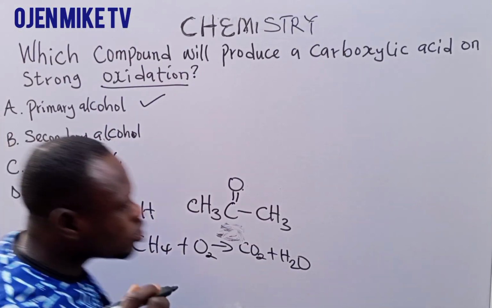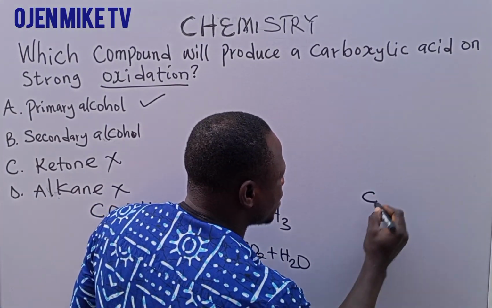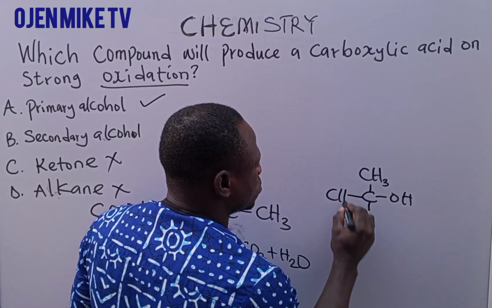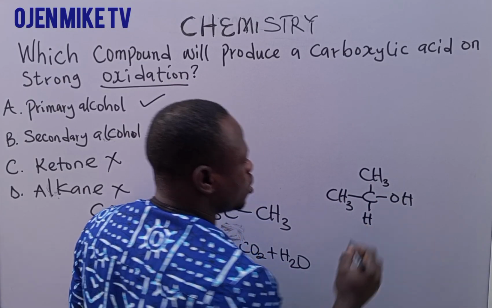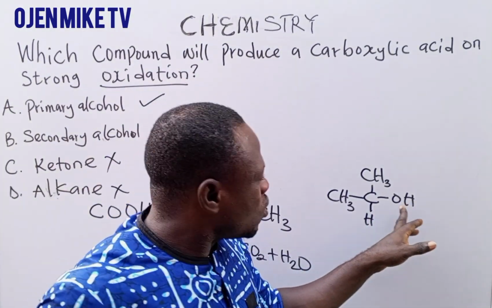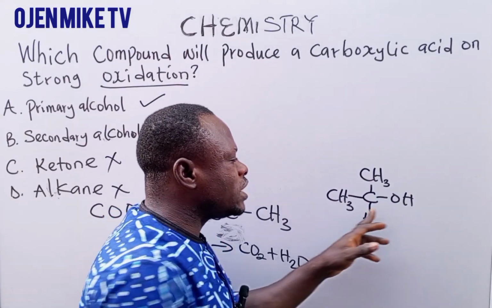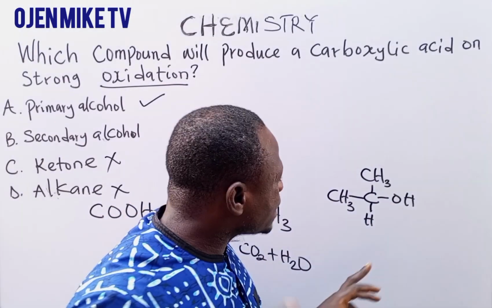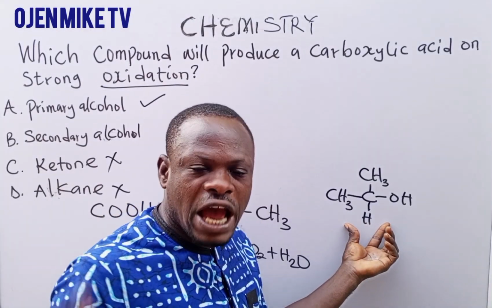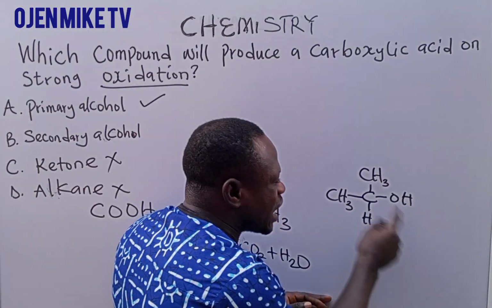Now let's look at secondary alkanol. What do you understand by secondary alkanol? It is written as, for example, 2-propanol. Look at the carbon atom holding this OH group: it is attached to two alkyl groups. This is what we call a secondary alkanol. Look at the hydrogen here. This hydrogen can be removed and oxygen added.